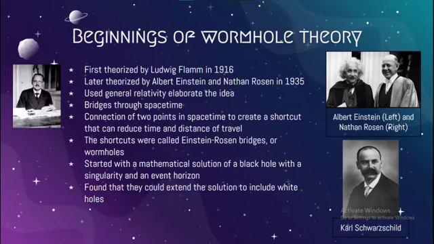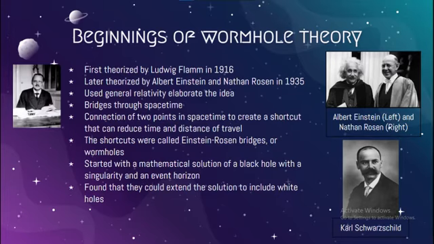According to the book Physics of the Universe, they found that they could extend the solution to include the polar opposite of black holes, which, like I mentioned, are white holes. These hypothetical white holes also contain a singularity, but they work in reverse of a black hole. So like I mentioned before, they eject things. To prove this, they started with the mathematical solution of a black hole.